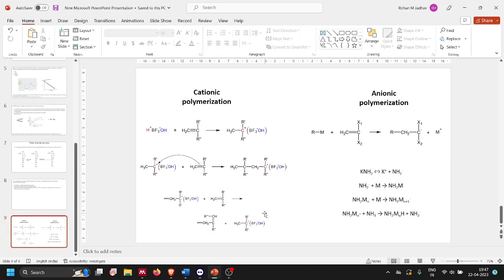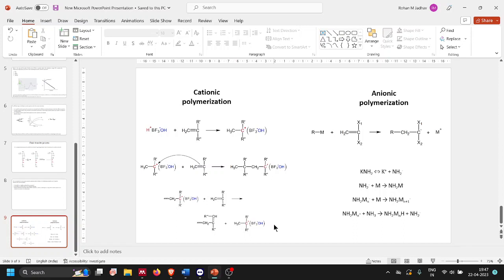Termination of the cationic polymerization process can occur in two ways. First is unimolecular rearrangement of the counter ion. In the presence of a counter ion, which is countering the effect of the cationic end group, the cationic end group, when it comes in contact with the counter ion, will undergo unimolecular rearrangement, which will terminate the entire polymerization process.